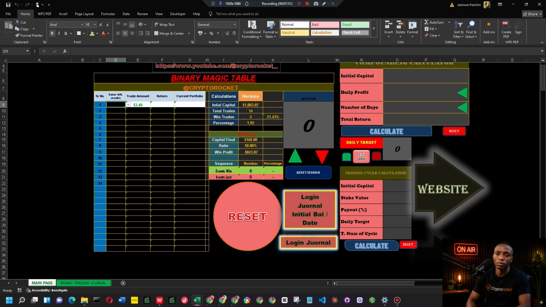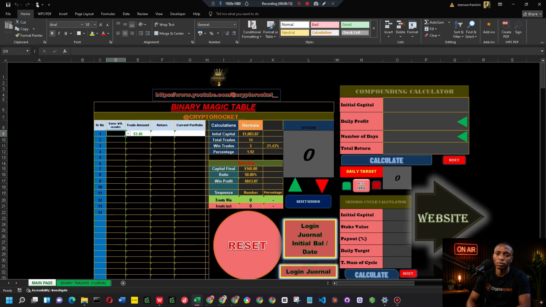So this place is the login journal and initial balance slash date. This login journal has to do with this: after a day of trading, as a trader, you also need to have a journal of your trades in a month, so that you will know if you're actually making profit, or if the strategy you're using is actually working. Maybe you have two strategies you want to try out.